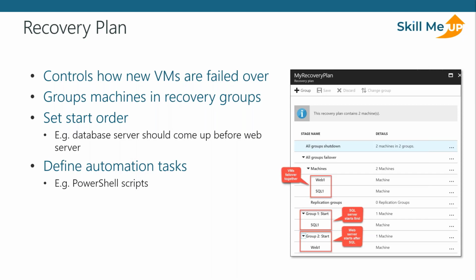Maybe this VM sits behind an application gateway as a custom step. The VM has come back up, but Azure Site Recovery won't configure the gateway for me, so I'm going to set up the application gateway, and I'm going to put the VM into the application gateway. Those would be good examples of custom steps that you would do with PowerShell scripts. So you can set that all as part of your recovery plan.